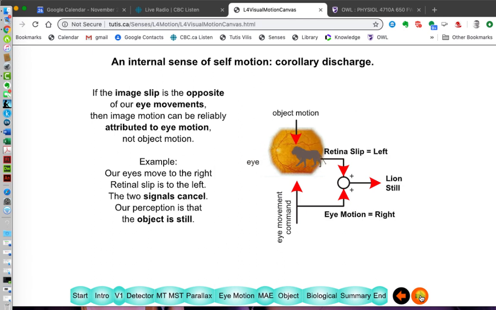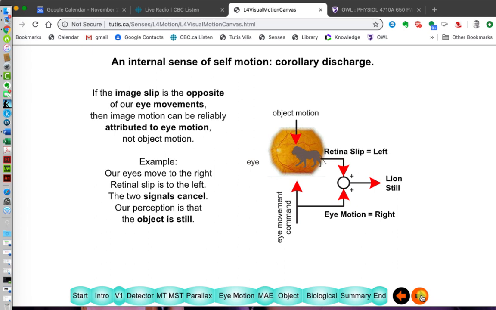So here we have the image slipping on the retina, and it slips to the left. And here we have eye movements producing a motion of the eye to the right. When we compare the two, they subtract out, and we come to the conclusion that the lion is still.